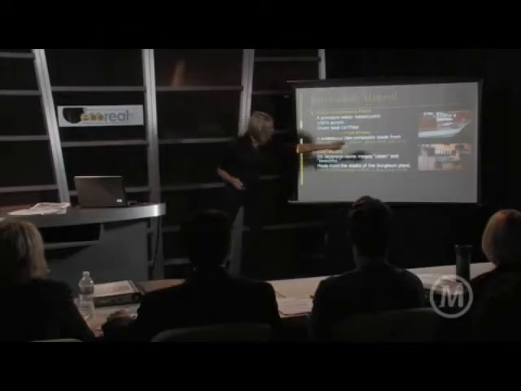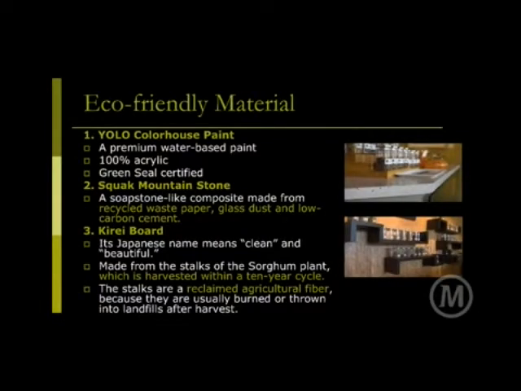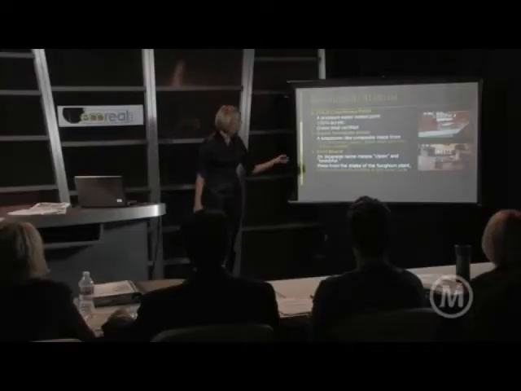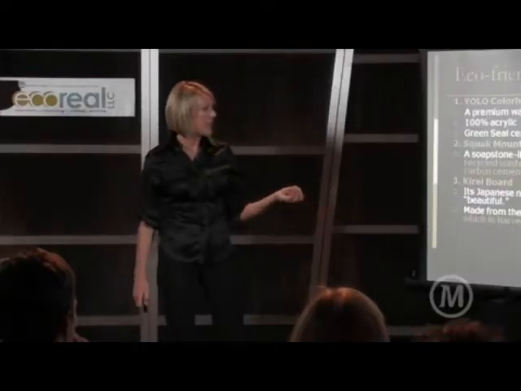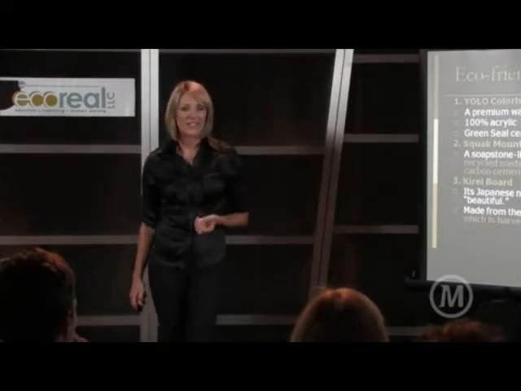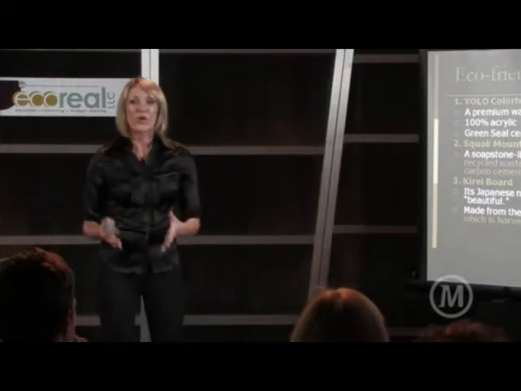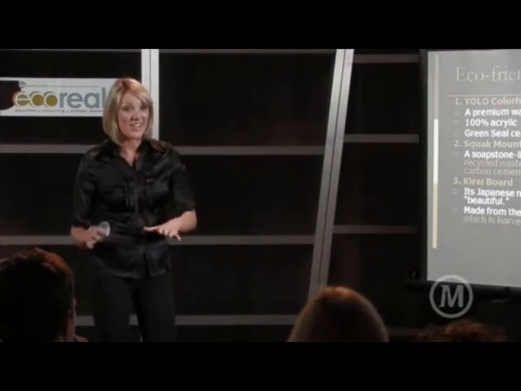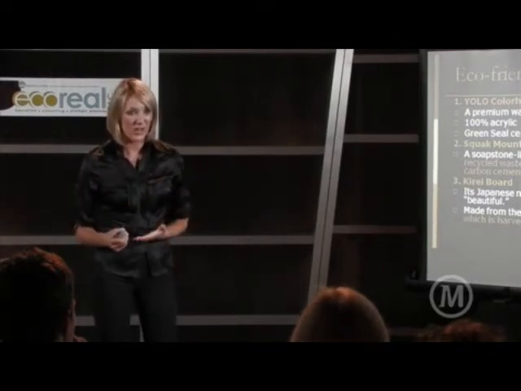Kirei board is that backboard you see there in the bottom picture. Nice aesthetic to it, so this isn't like we're downgrading. This can have its own beautiful look. In Japanese that means clean and beautiful. What that product is made from is stalks from the sorghum plant. After they've been harvested, those stalks would be just burned, and instead they're taking those stalks and making this product.